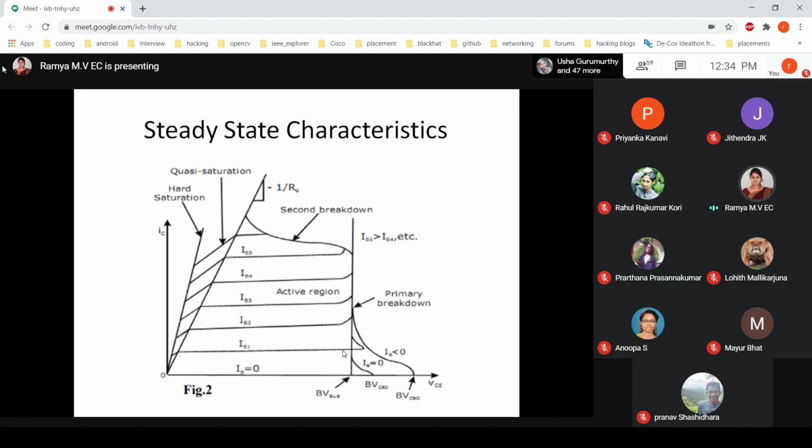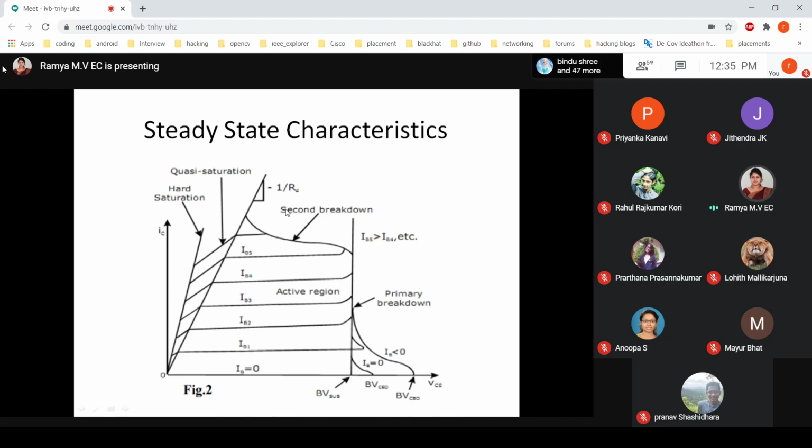In the saturation region we are naming two different types of saturation: hard saturation and quasi saturation. And the -1 divided by RD is the slope we are calculating, so we can calculate the resistance from the slope.